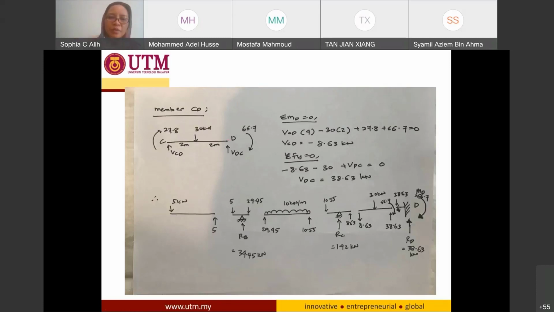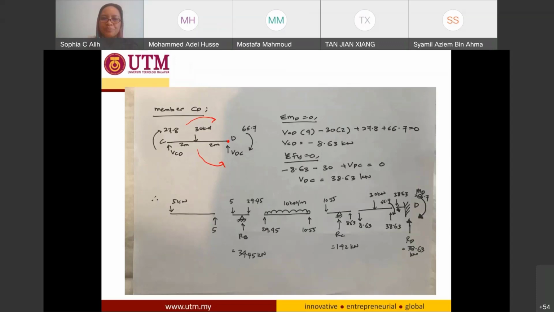If I take the moment at D equal to 0, VCD going to D follows the clockwise direction, so it's positive: positive VCD times 4, the distance. The 30 kilonewton load, in order to go to D, follows the counterclockwise direction, so it's negative, times the moment arm 2, 30 times 2. And this one is positive clockwise, so I have positive 27.8 and another clockwise moment, positive 66.7.